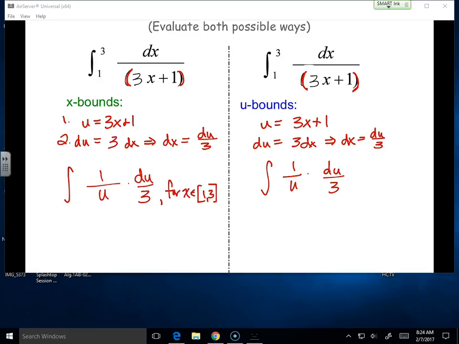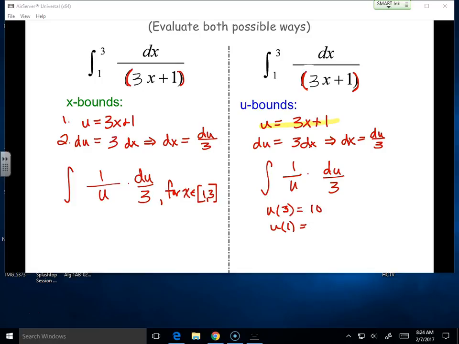Why am I saying x? Because what kinds of bounds are these if I have a dx? X bounds. Exactly. Over here I don't want to write extra words, I'm just going to figure out who is u of 3 and who is u of 1. Where do I plug it in for u of? To u, of course.